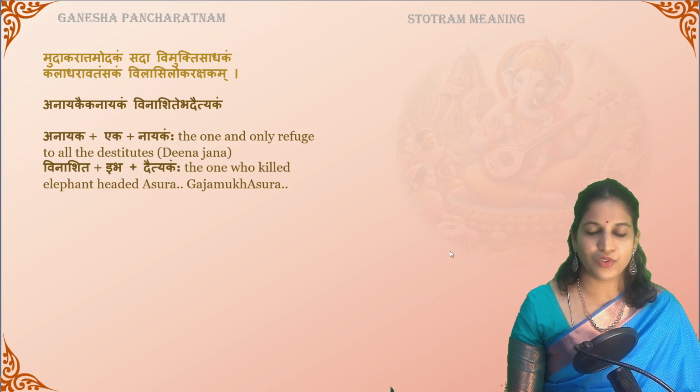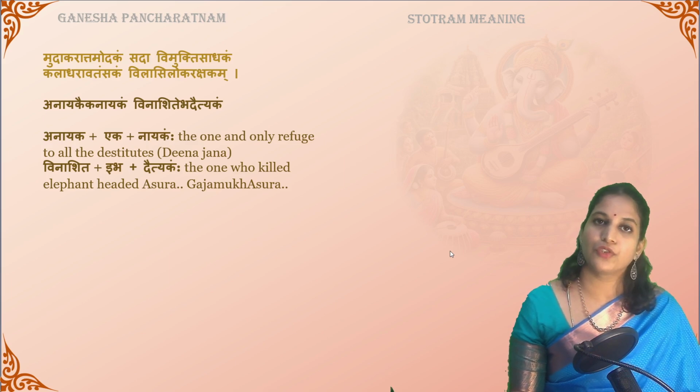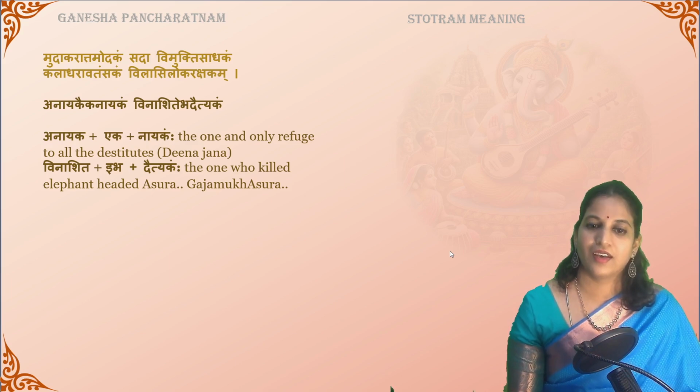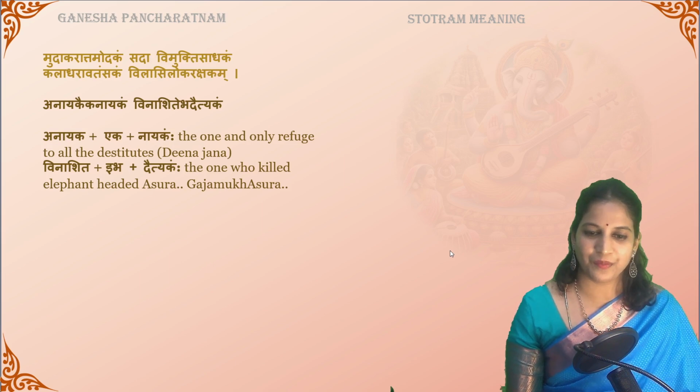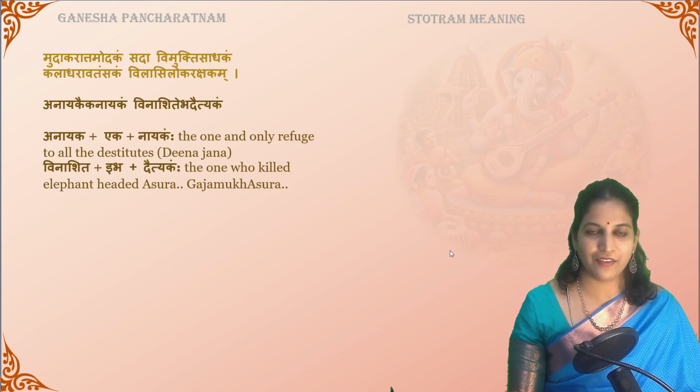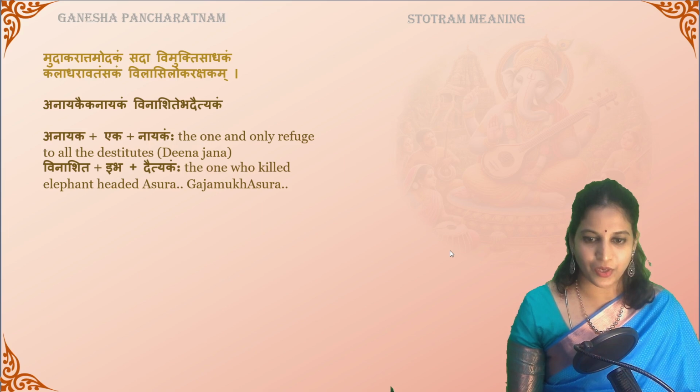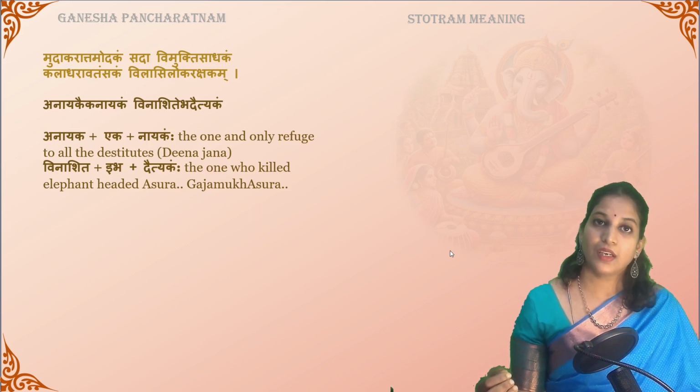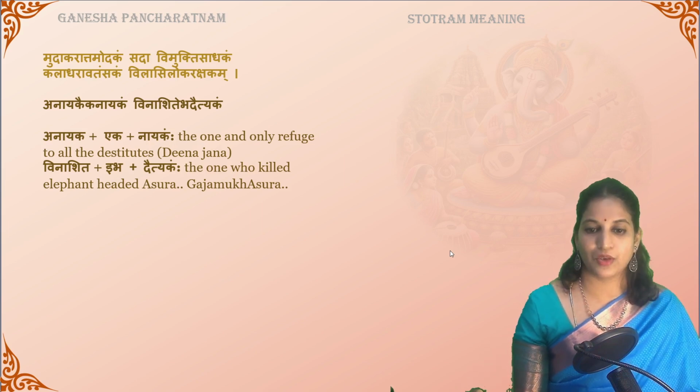Anayaka is those who do not have any leader, destitutes. Anayaka ekanayakam, the one and only refuge to all the destitutes. Vinashite bhadaityakam. Ibha is elephant. Daitya is Asura, Diti's sons. The one who killed elephant-headed Asura, Gajamukhasura.